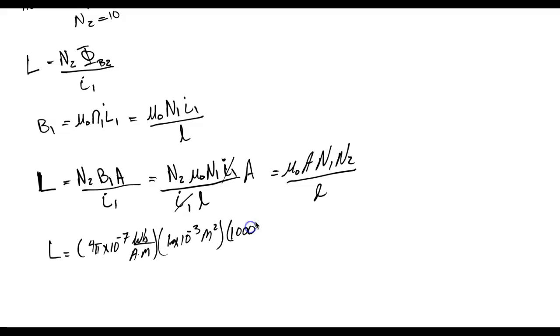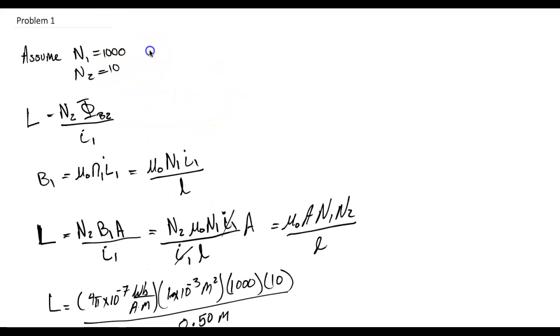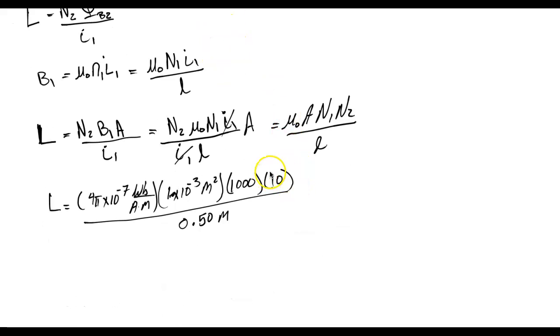N1 is 1,000, N2 is 10, all over 0.50 meters. Again, if we're not given that, let's assume little l is 0.5 meters. And this will give us 25 times 10 to the minus 6 henries, which is the same as 25 microhenries.